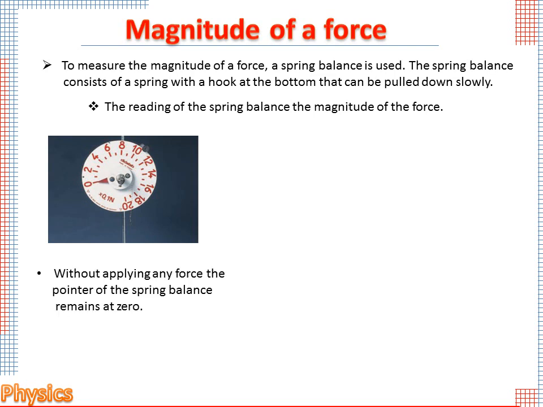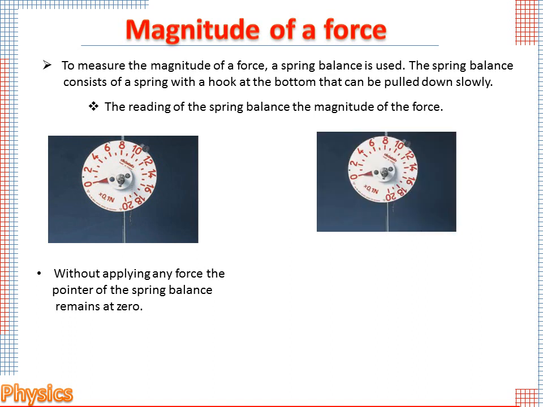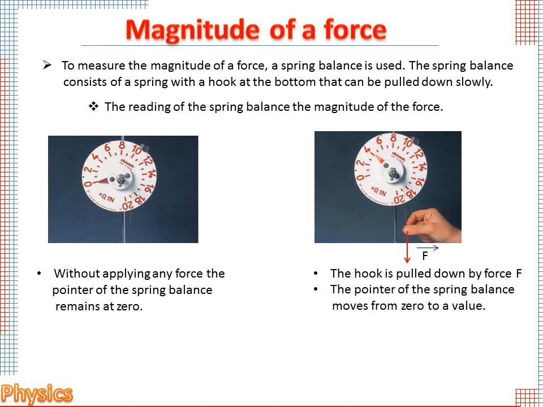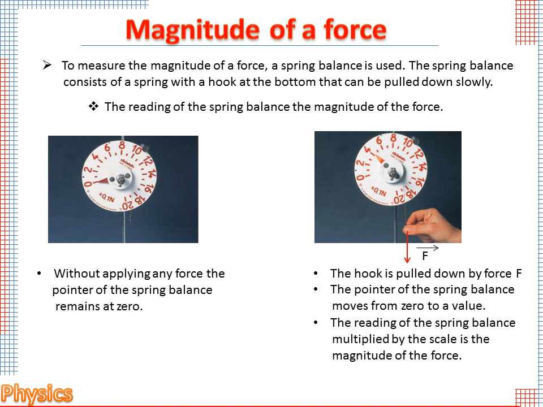Without applying any force, the pointer of the spring balance remains at zero. Now, when the hook is pulled down by a force F, the pointer of the spring balance moves from 0 to a value, which is 4 in this case. To find the magnitude of the force, we have to multiply the value indicated by the spring balance by the scale of the spring balance.